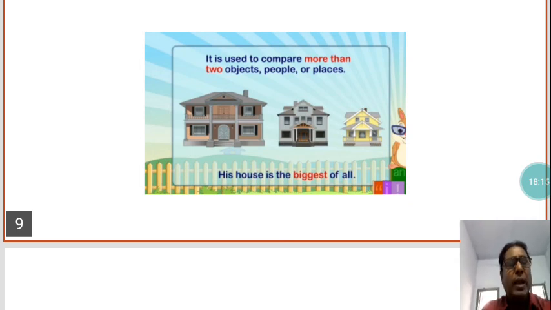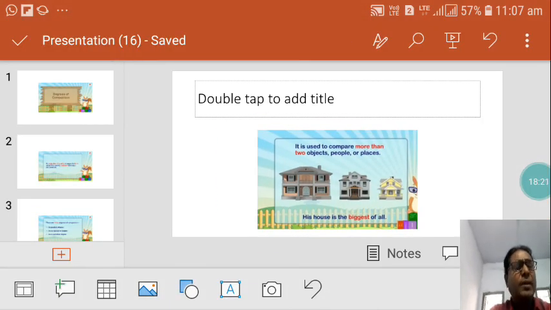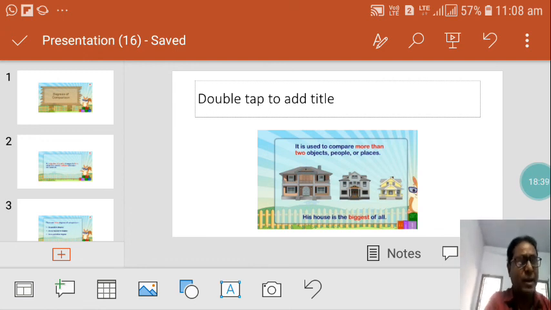I am sure you enjoyed all of it, and in an interesting way you have seen all of them through pictures. Now you will do the exercise, exercise E. You have to correct the errors in the use of degrees of comparison and rewrite the sentences. All sentences you have to write again, correcting the sentence that is given.